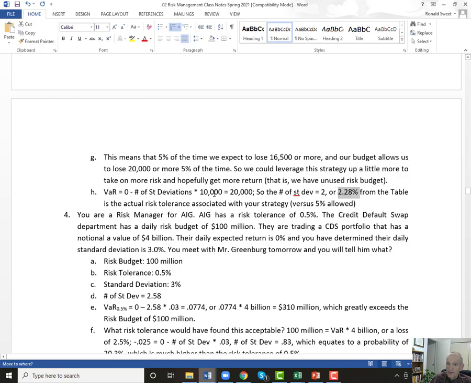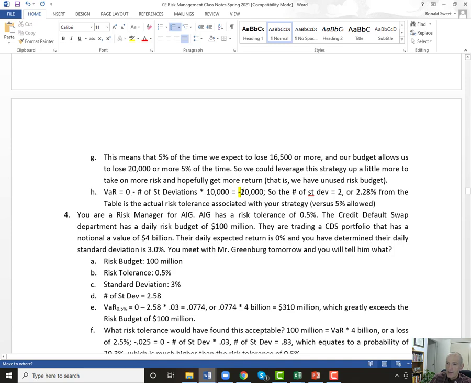So you got a standard deviation of 10,000, you got 20,000. You want this formula to give you 20,000 because that's your risk budget. Remember again, I'm leaving out the negative number. You can put the negative number in there, but if you get confused, VaR is always a loss. So negative 10,000, and when you do the minus sign here, the minus signs cancel out.